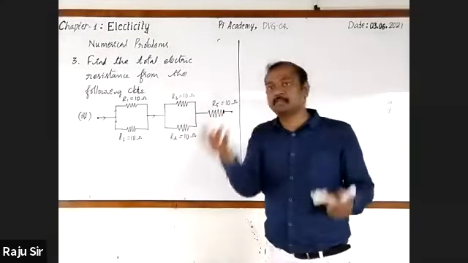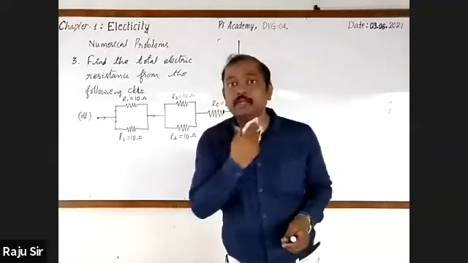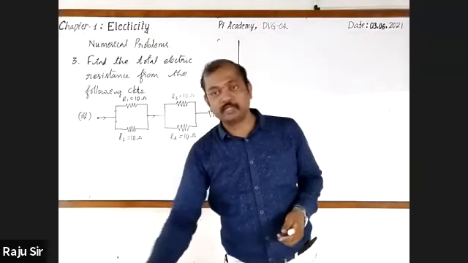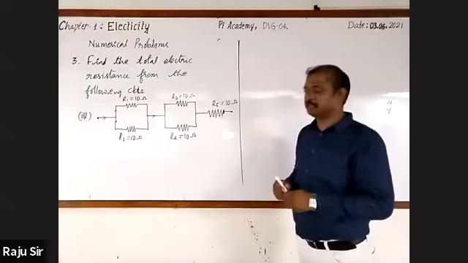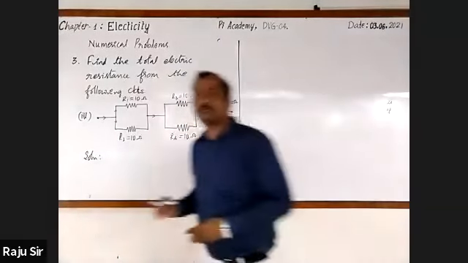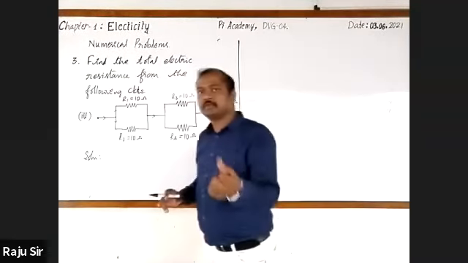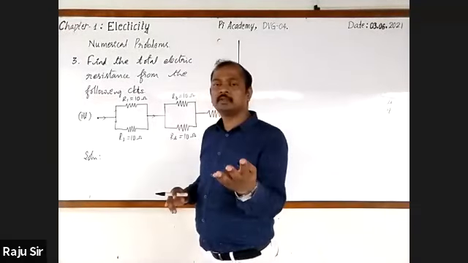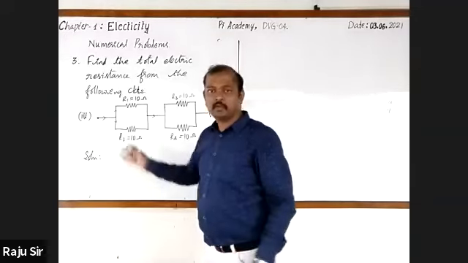Some of you are giving many options: 10, 15, 20, 25, 30, 50. Now let me show you. If your writing is over, just cross check with my writing.